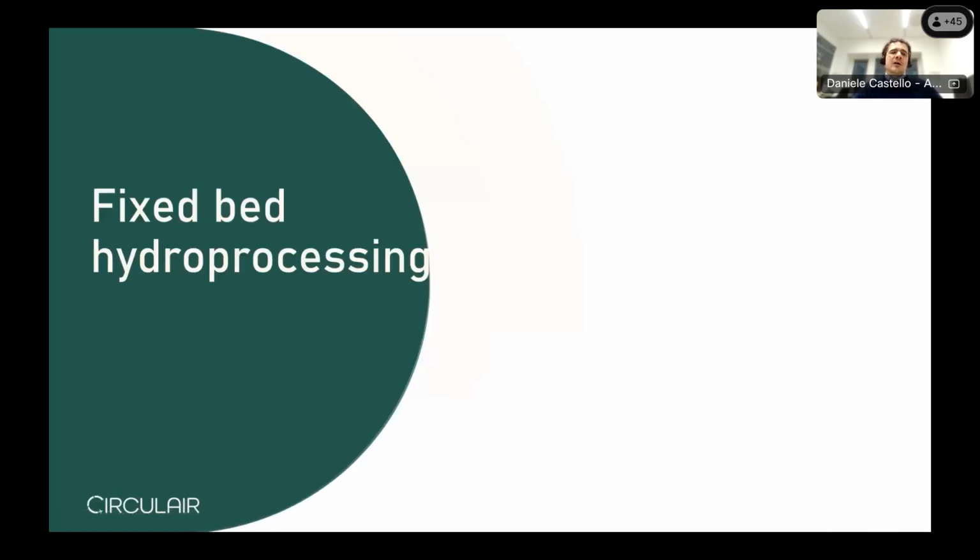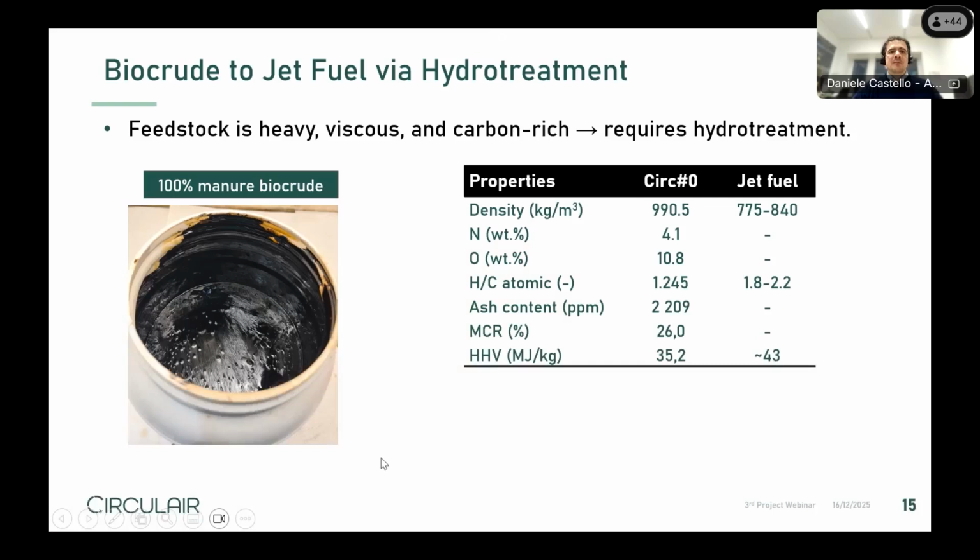After the pre-treatment, another thing that is challenging is the actual processing, so the upgrading to reduce the oxygen and nitrogen compounds, and basically converting the biocrude into a mixture of hydrocarbons.